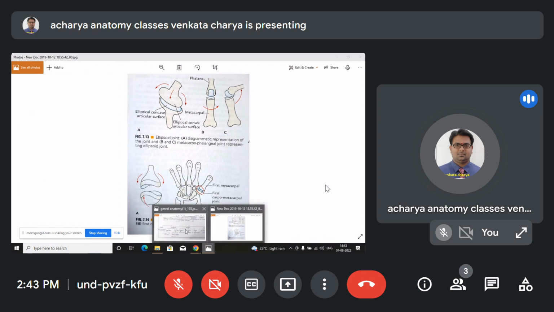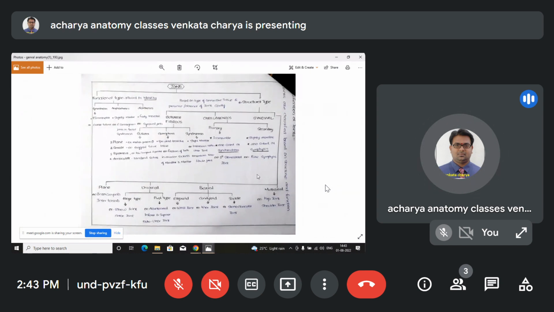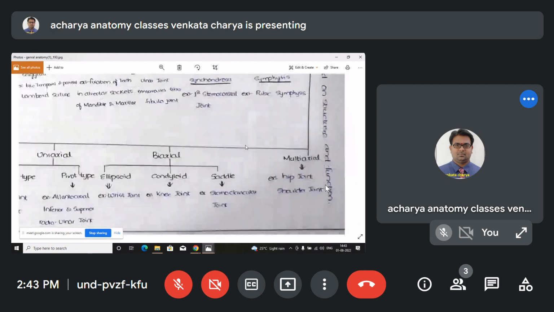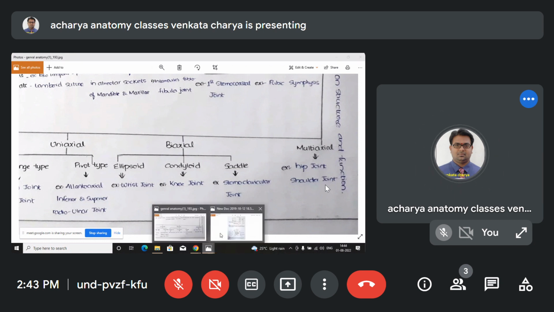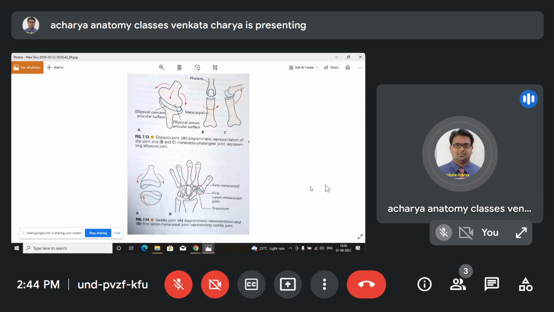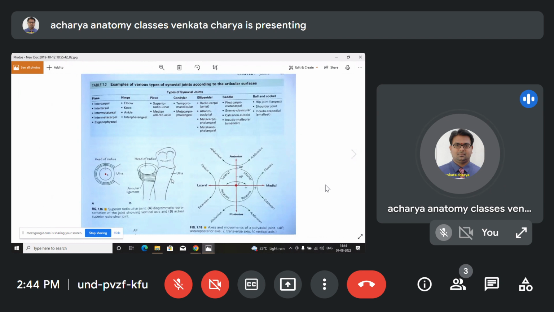Then come to the multi-axial. Multi-axial is the shoulder joint and hip joint. They produce the 6 movements.